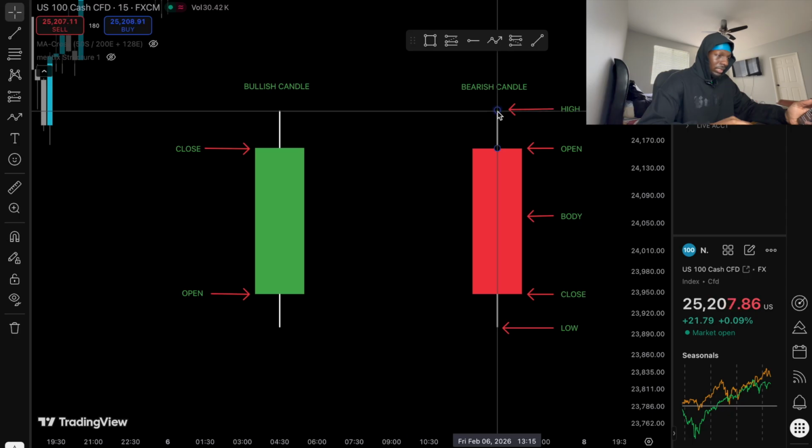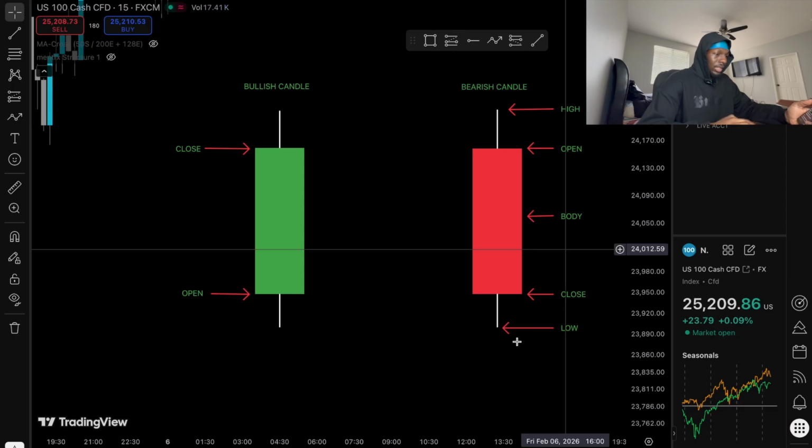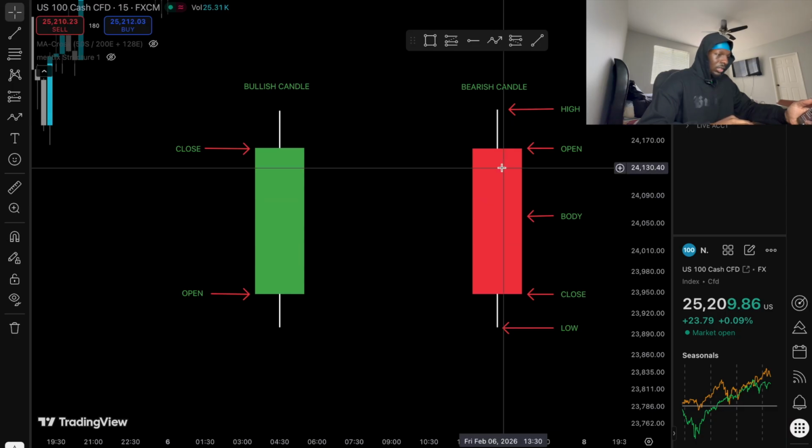But then the sellers were like, no, we have power, and brought it down here. Boom, they fought back. Then the buyers brought it up here. They fought a little more, and then boom, 5 minutes are up, new candle forms. So that's why this candle looks like this, and it ended red because overall the sellers won.